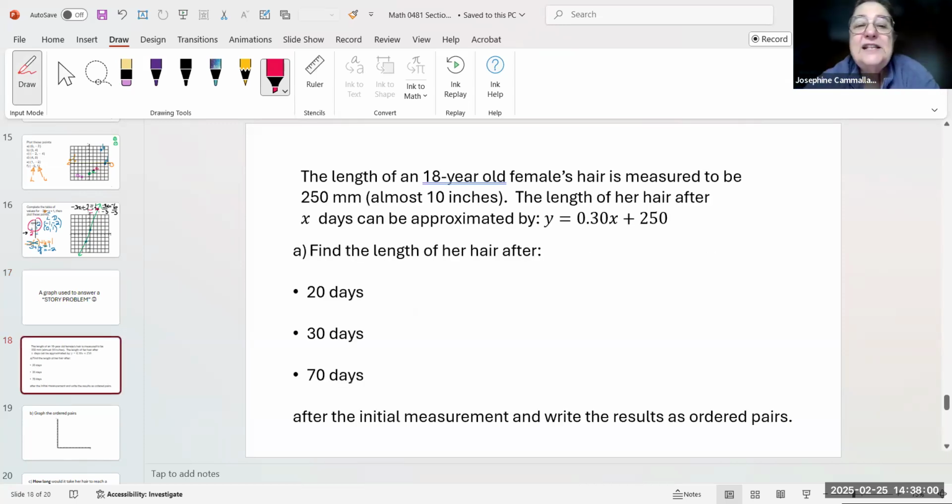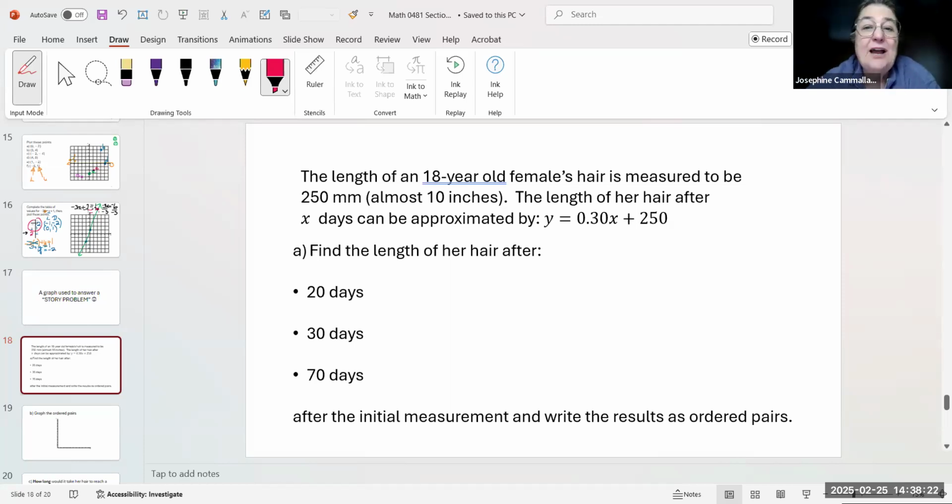Okay, this is my story problem. It says the length of an 18-year-old female's hair is measured to be 250 millimeters, which is about 10 inches.